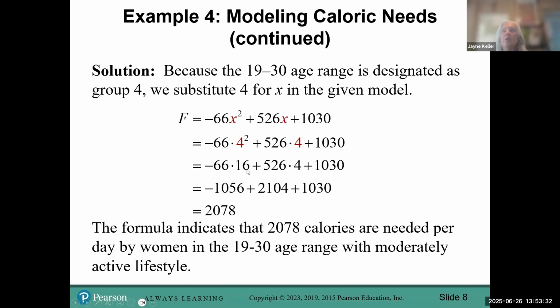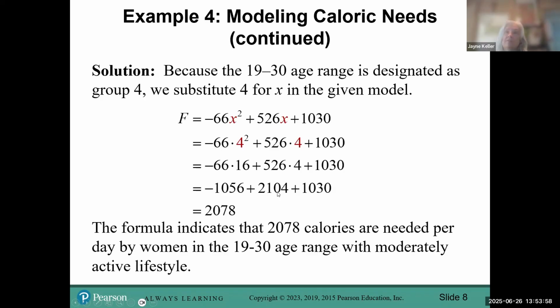In my next step, I'm going to go ahead and multiply all of these. So I have negative 66 times 16, which gives me negative 1056. Here I have 526 times 4, which is 2104. And then I'm just going to copy down the 1030. And then finally, I'm going to add these all up. So remember, this one is negative. So when I add a negative and a positive, I really take the difference of these two.